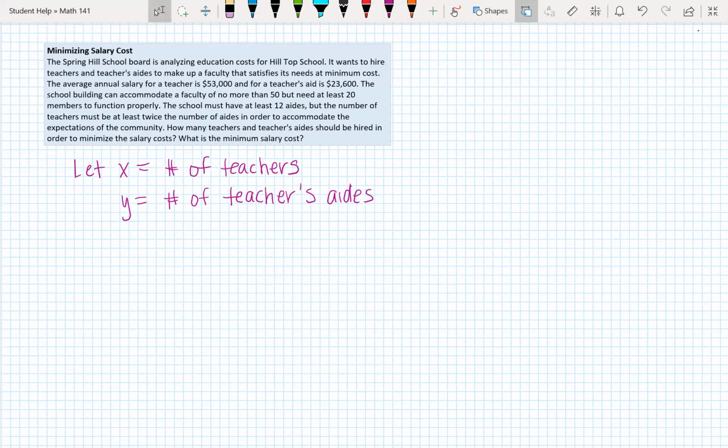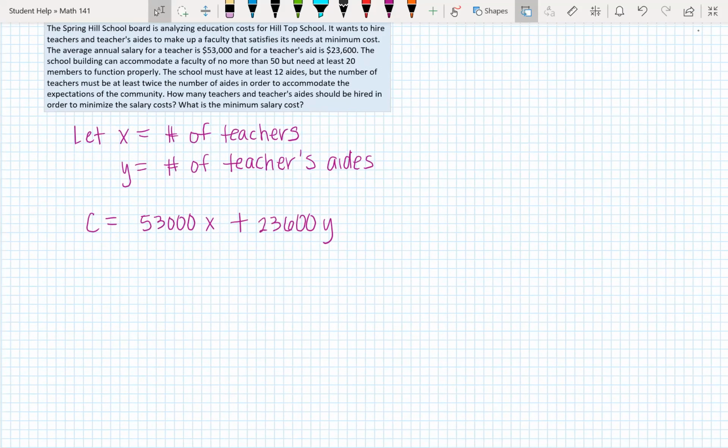The total cost is going to be 53,000 times the number of teachers, and then 23,600 times the number of teachers' aides. Now, we said that there can't be more than 50 faculty, so X plus Y has to be less than or equal to 50.